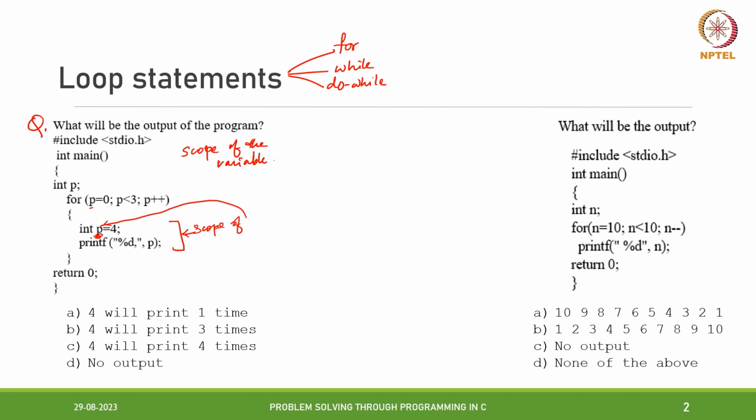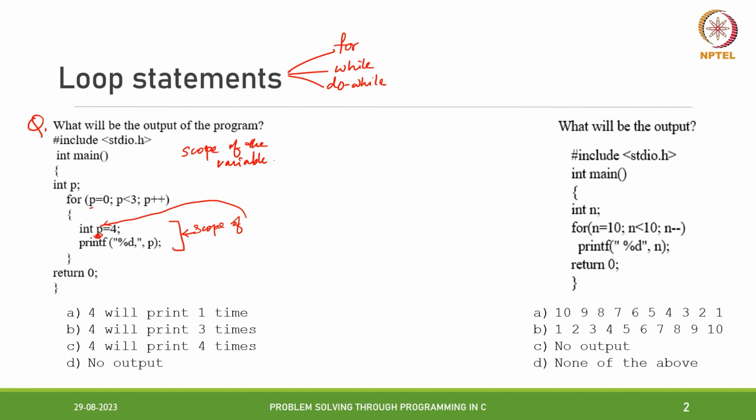Okay, so basically when we are talking about the scope of variable, we also talk about global and local variables, right? Global variables are defined outside the function and local variables inside the function. As long as there are local variables, they will always dominate over global variables if the variable name is the same.